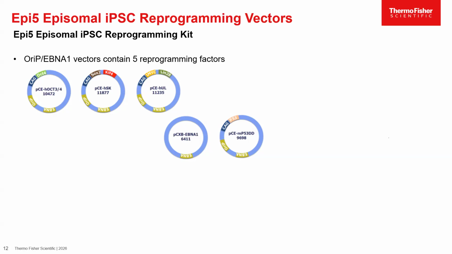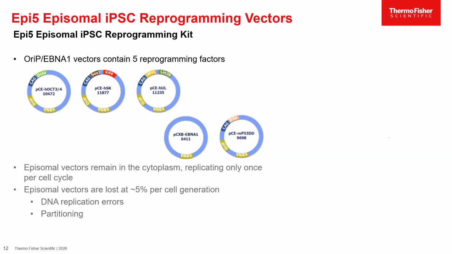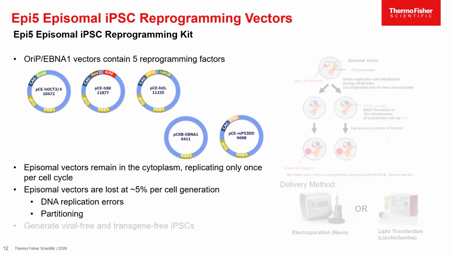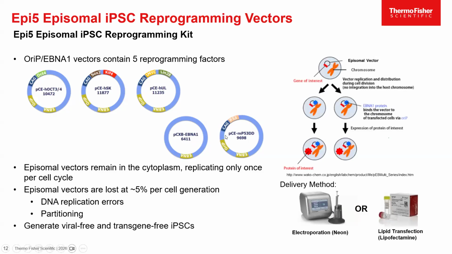So Lin28 and the dominant negative P53 form increase reprogramming efficiencies with these episomal factors. And with these episomes, we can deliver the plasmids via electroporation, basically zapping the cells, where the electricity creates holes in the cell wall through which these plasmids can enter, and then the cell heals the cell wall afterwards.